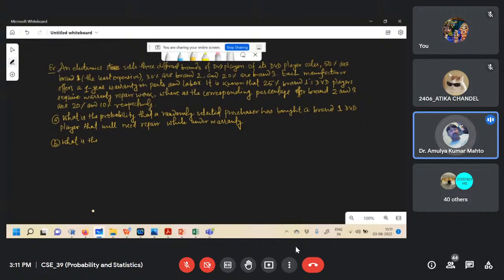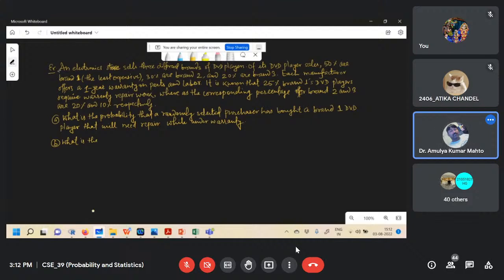Of its DVD player sales, 50% are brand 1, 30% are brand 2, and 20% are brand 3. Each manufacturer offers a 1-year warranty on parts and labor. It is known that 25% of brand 1 DVD players require warranty repair.